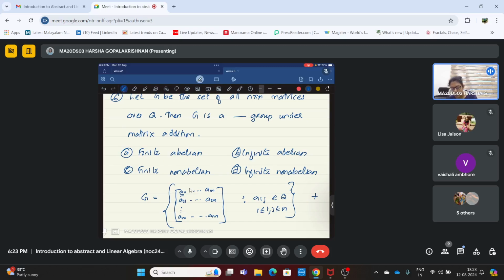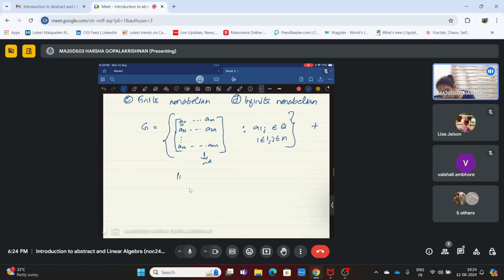We have n square elements in this matrix, and for each of these elements we have an infinite number of choices from Q. So it should be an infinite group.